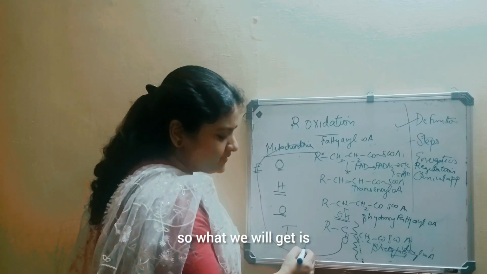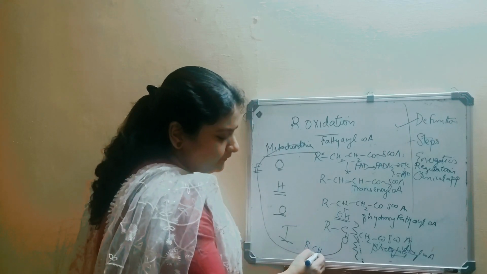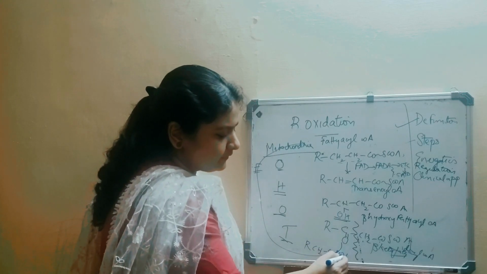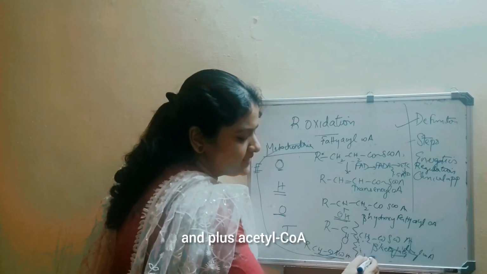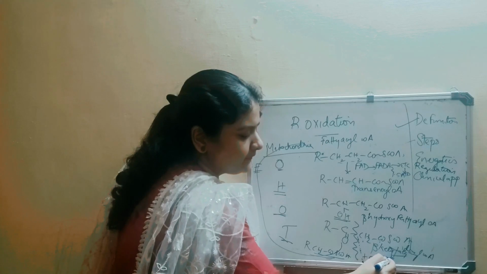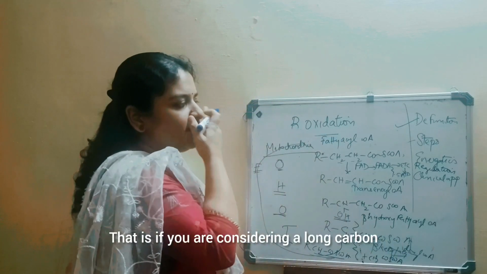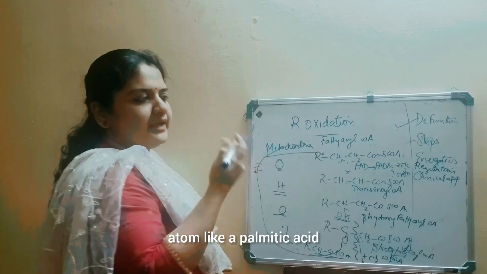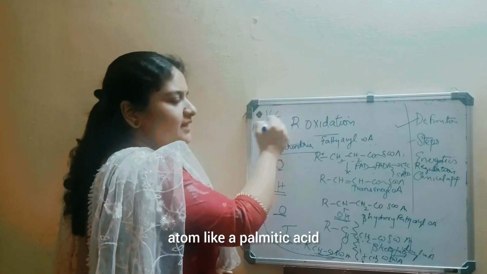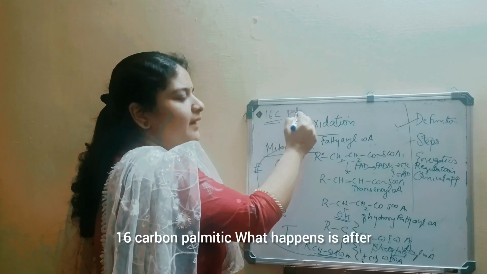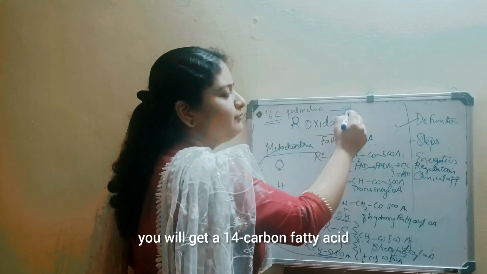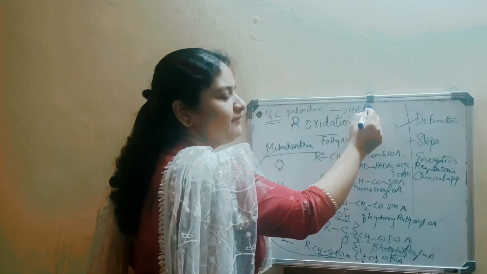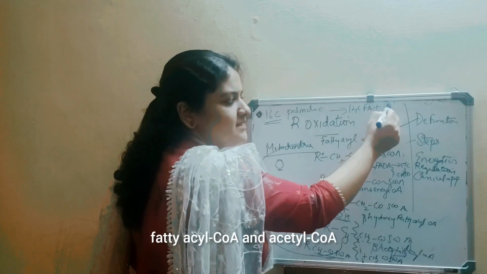So what we will get is another fatty acyl CoA plus acetyl CoA. If you are considering a long carbon chain like 16-carbon palmitic acid, after one cycle of beta oxidation we will get a 14-carbon fatty acyl CoA and acetyl CoA.